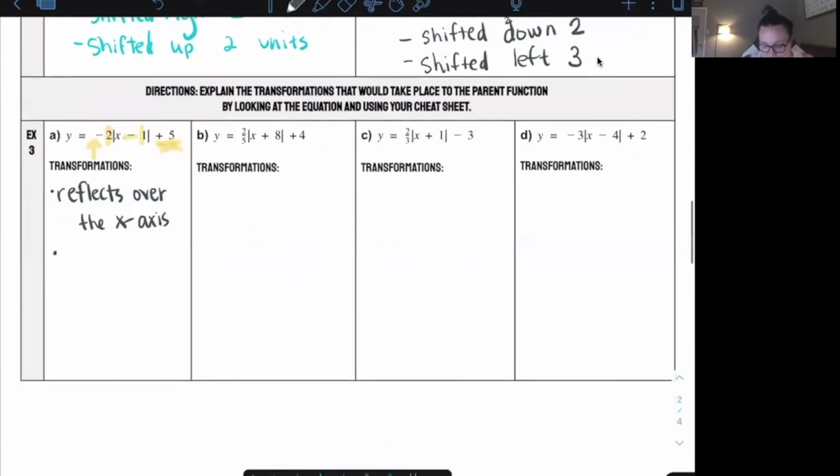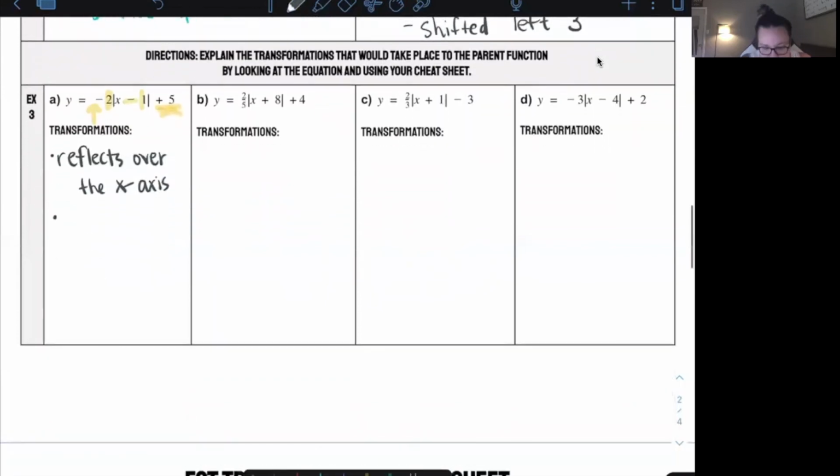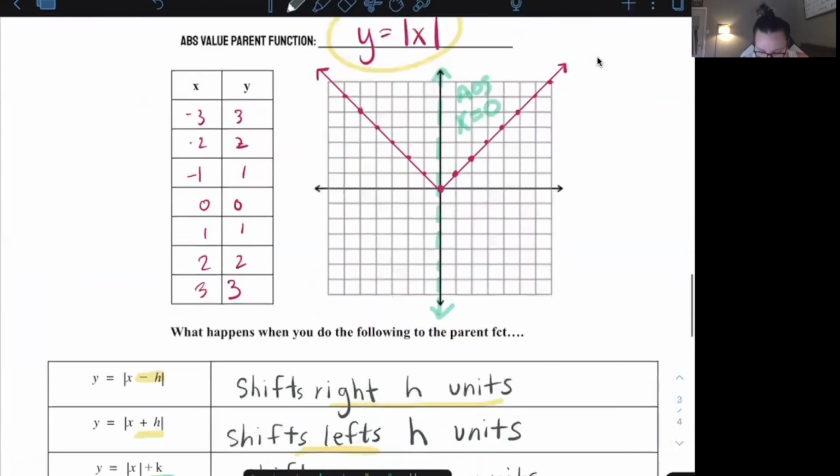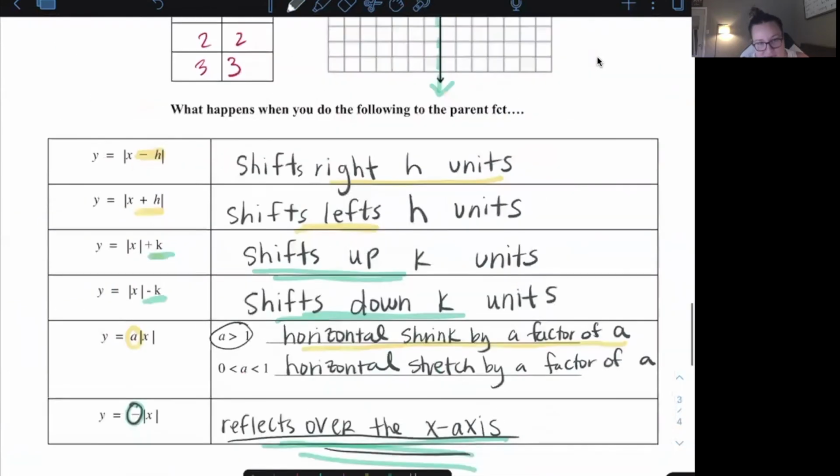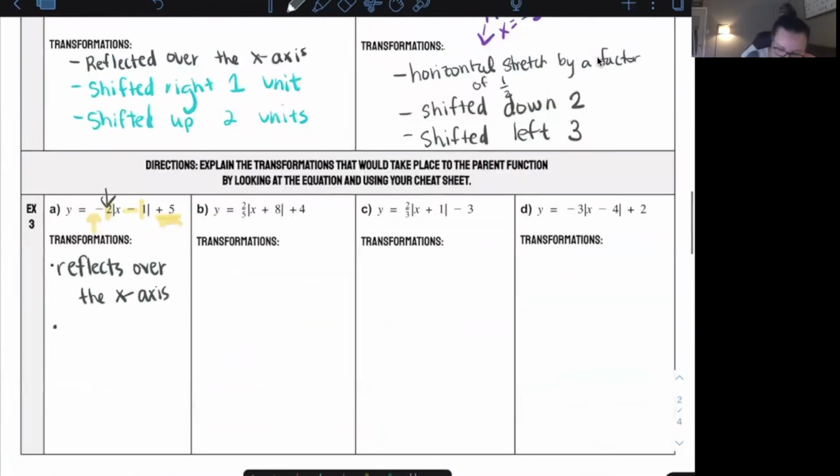My second transformation is, well, a is 2. So 2 is, let's see, 2 is greater than 1. So I have a horizontal shrink by a factor of 2. Then I also am subtracting 1 inside the absolute value.